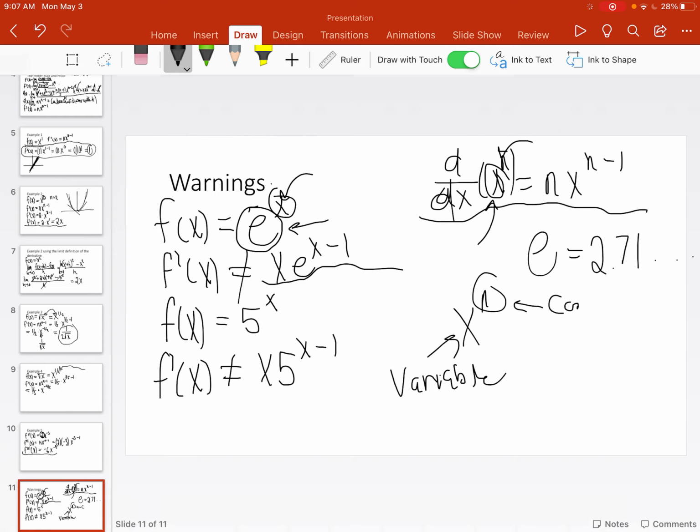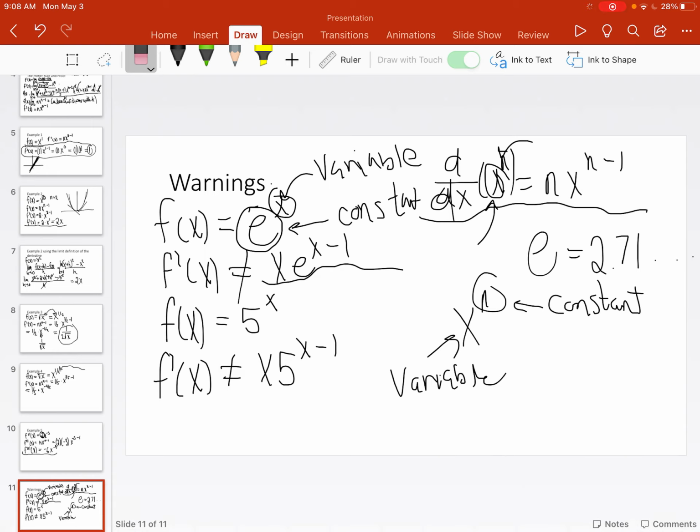Variable, constant. In this case, this is a constant. This is a variable. And with practice, you'll get used to this. It'll be very easy to see these differences, especially in later videos when we discuss this.